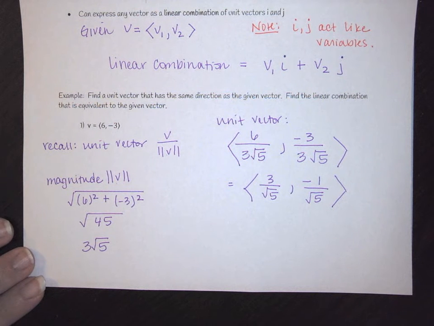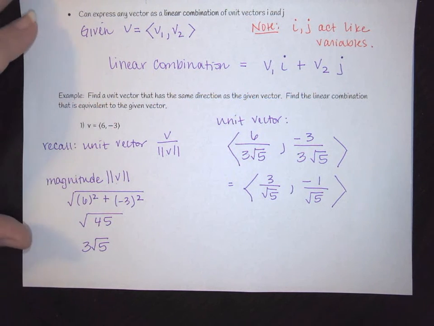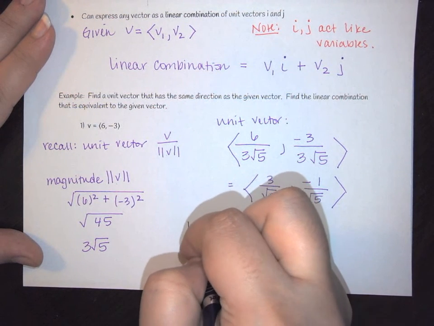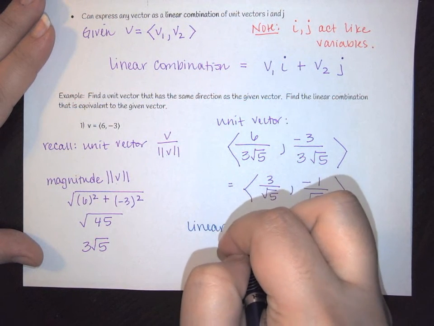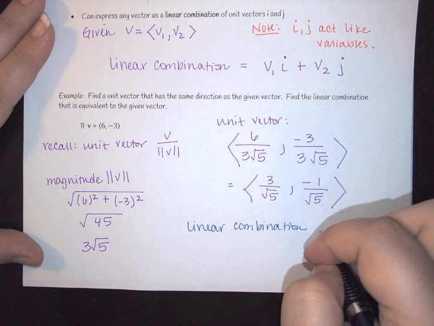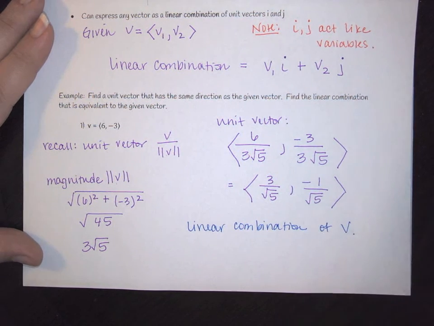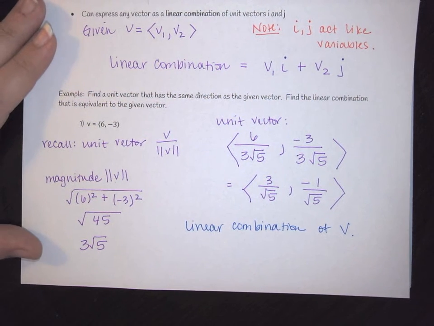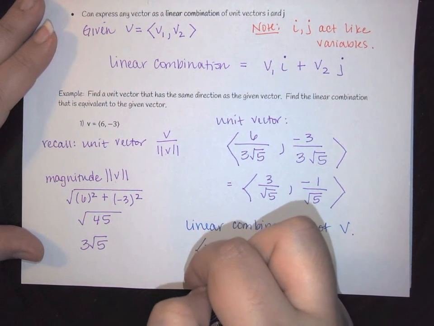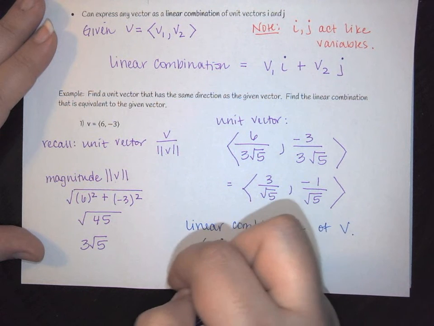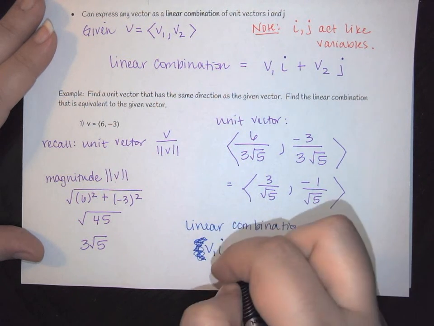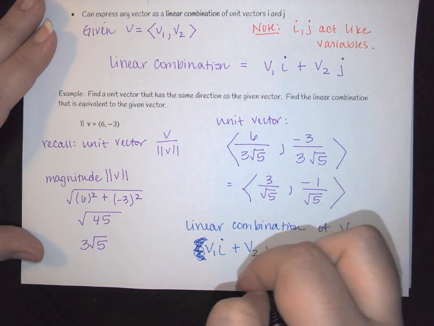Now, the other thing that we had to do is we had to use the linear combination. So we need to find the linear combination of my vector v. So that is going to say again that we have v1i plus v2j.